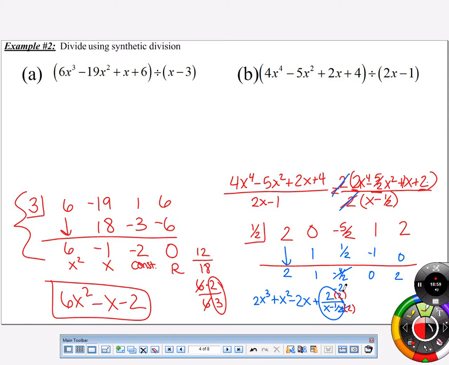I'm not multiplying the whole thing by 2, because this is one piece of it that's a fraction. This fraction is equivalent if I multiply both numerator and denominator by 2. So that's just going to change the remainder part to say plus 4 over 2x minus 1 instead of 2 over x minus 1/2. That's considered the proper way to write it so that there are no fractions within the fraction remaining.